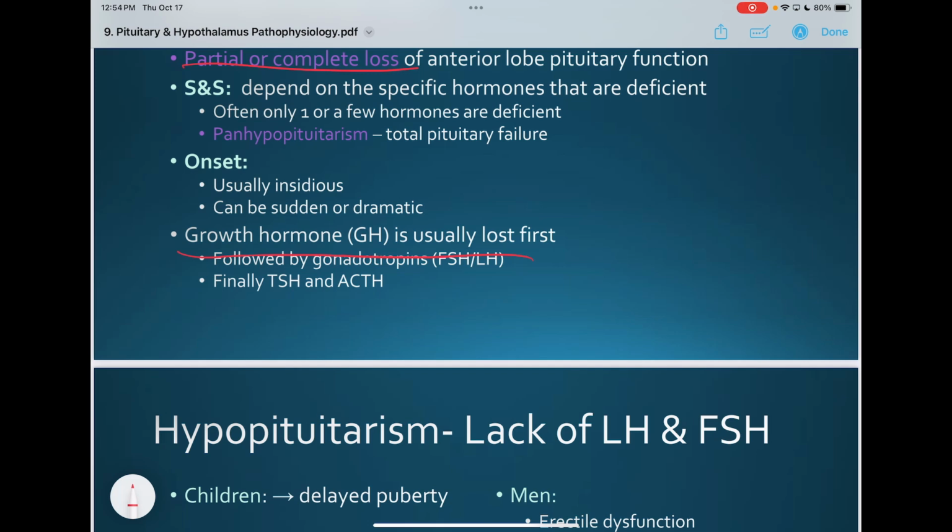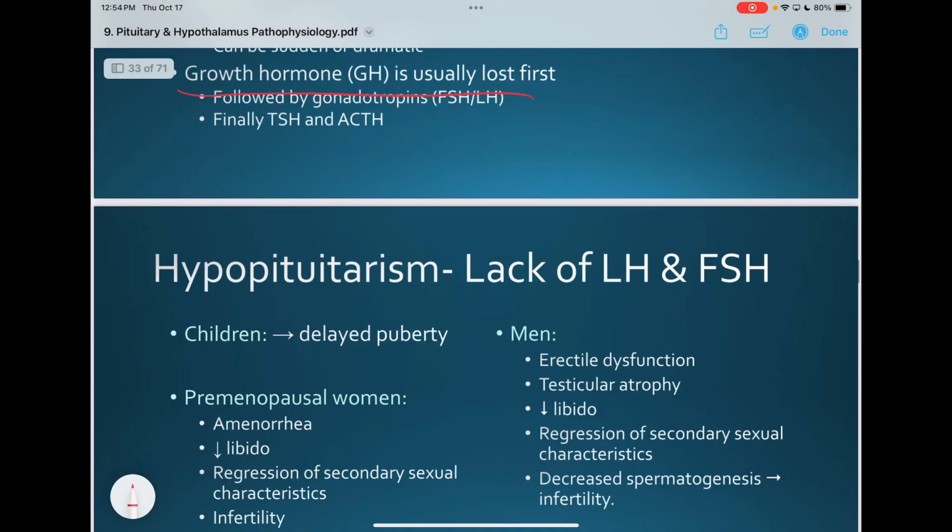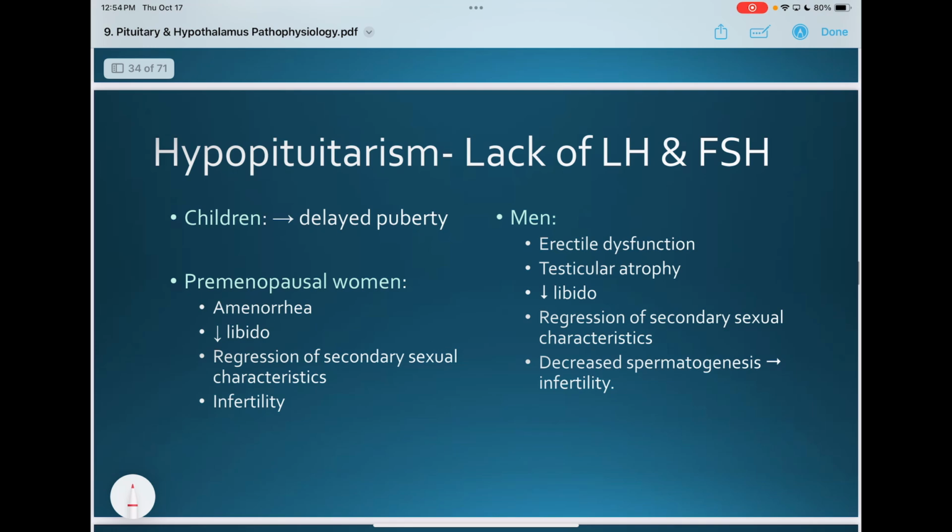So patients are coming in, they're not as tall as they should be, they're not growing up, and so on and so forth. Check all that stuff. If they have a lack of LH and FSH, in children, delayed puberty. These are the hormones that are needed to start puberty, and they're not going to be there. In premenopausal women, amenorrhea.